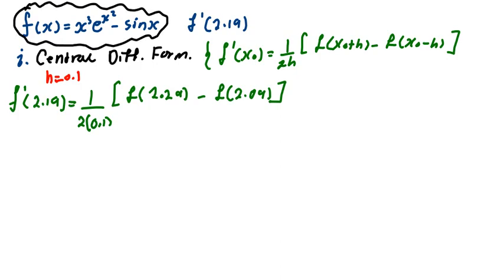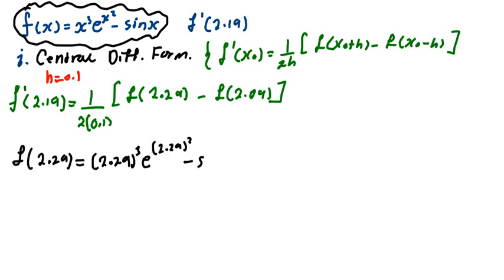So f of 2.29 is equal to 2.29 to the power 3 by e to the power 2.29 squared, minus sine of 2.29.